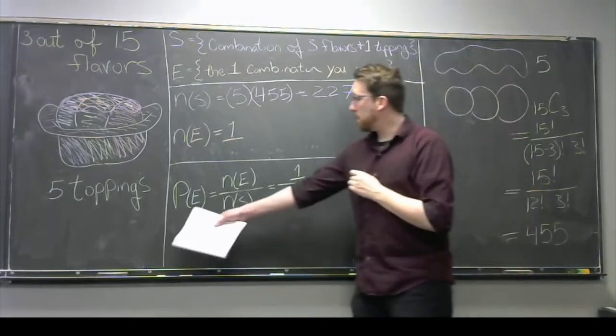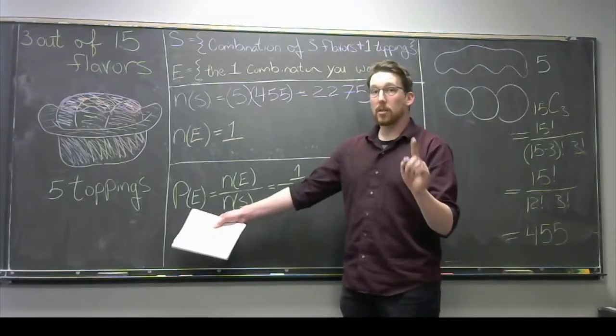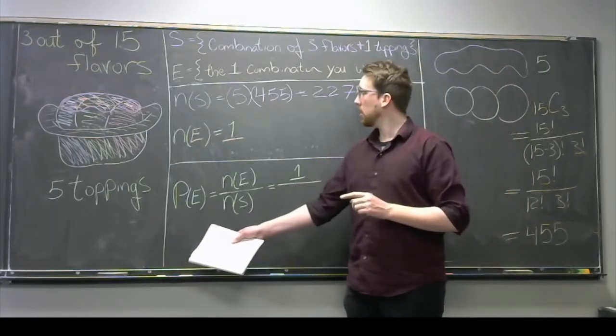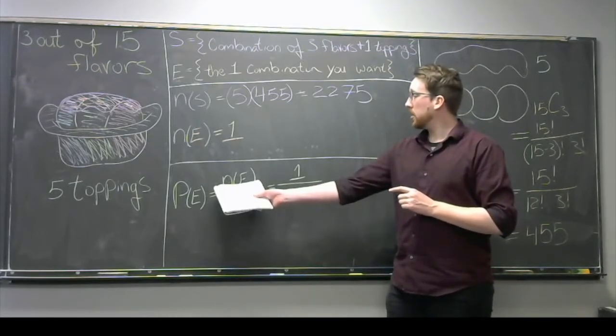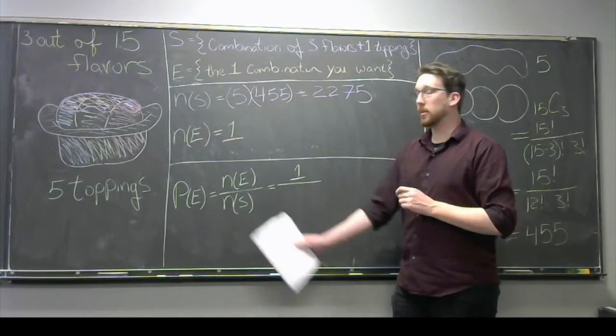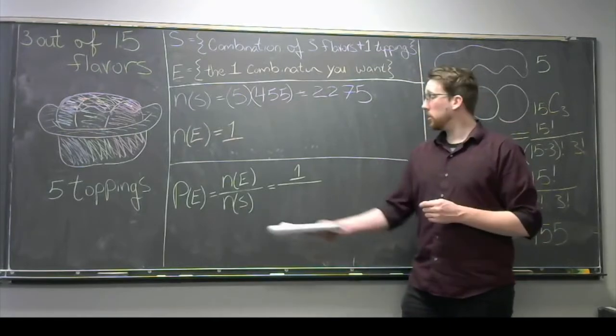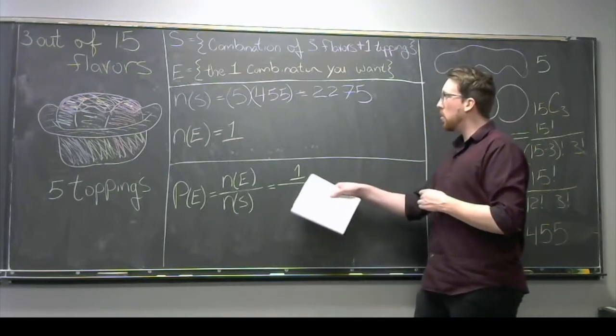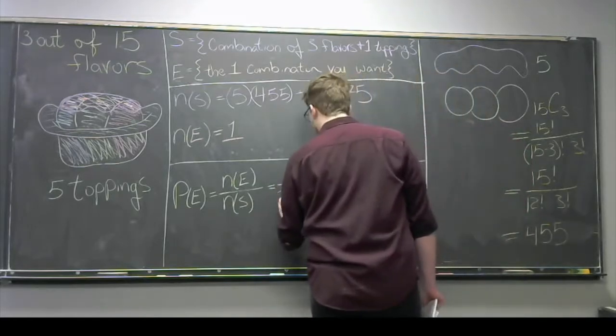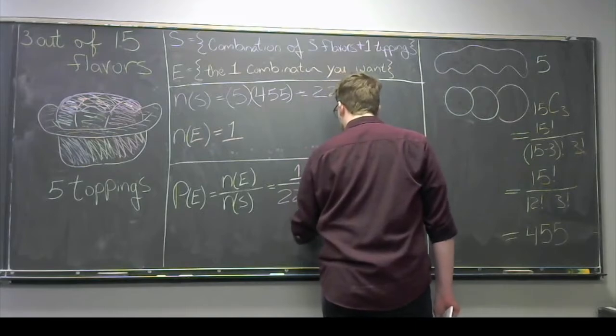And since the probability of choosing the right single order is the size of our event space divided by the size of our sample space, that means the probability of choosing the right order, since you forgot it, is going to be 1 divided by 2,275.